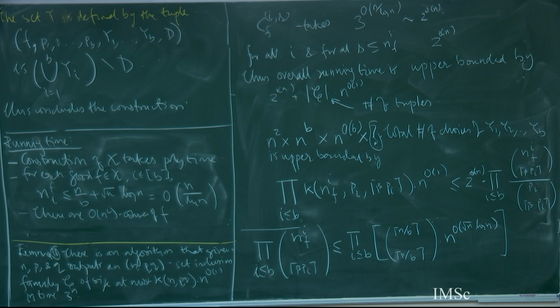This one is trivial. The next one is not. The next one is easy, but if you know this, it's easy. This is less than or equal to n choose p to the power little o of n.